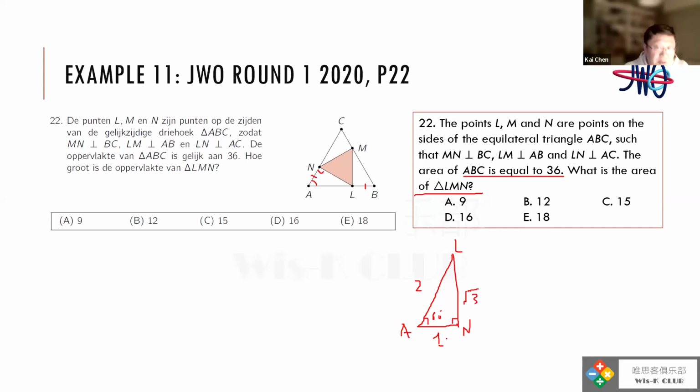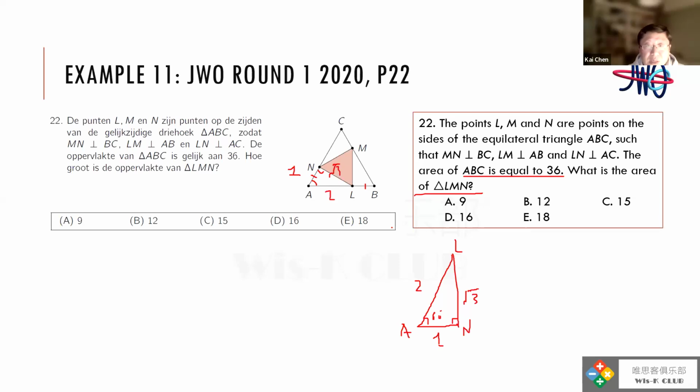You should be really familiar with these ratios. So AN is 1 portion, AL, the hypotenuse, will be 2 portions, and this one will be square root of 3 portions, right?